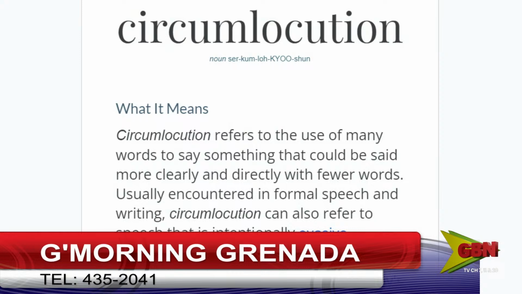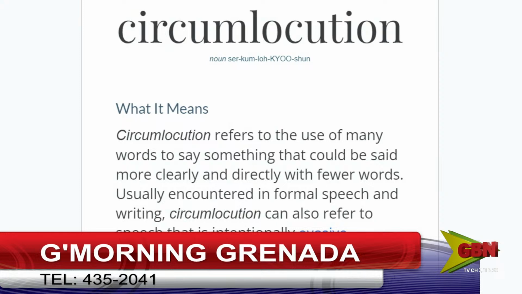Now that refers to the use of many words to say something that could be said more clearly and directly with fewer words. Usually encountered in formal speech and writing. Circumlocution can also refer to speech that is intentionally evasive. Yeah, the politicians like that. They like to use a lot of big words to say one little thing.